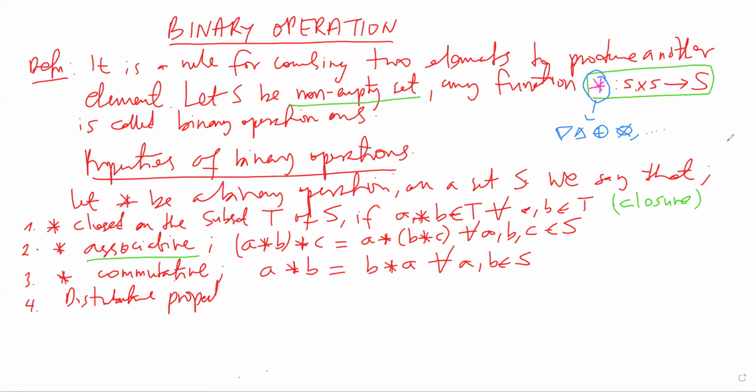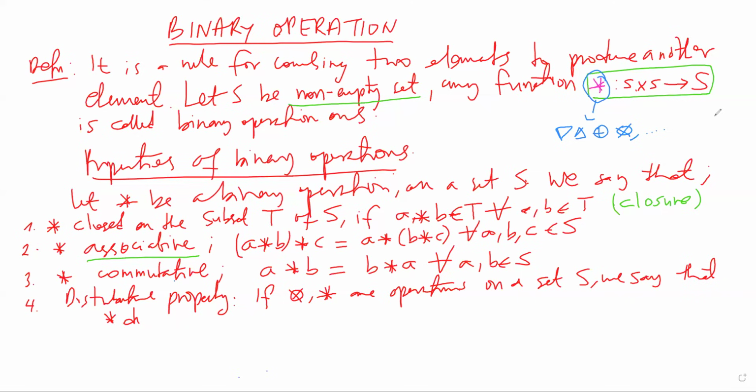So if we have two operations on a set S, then we say that star distributes over the other operation.